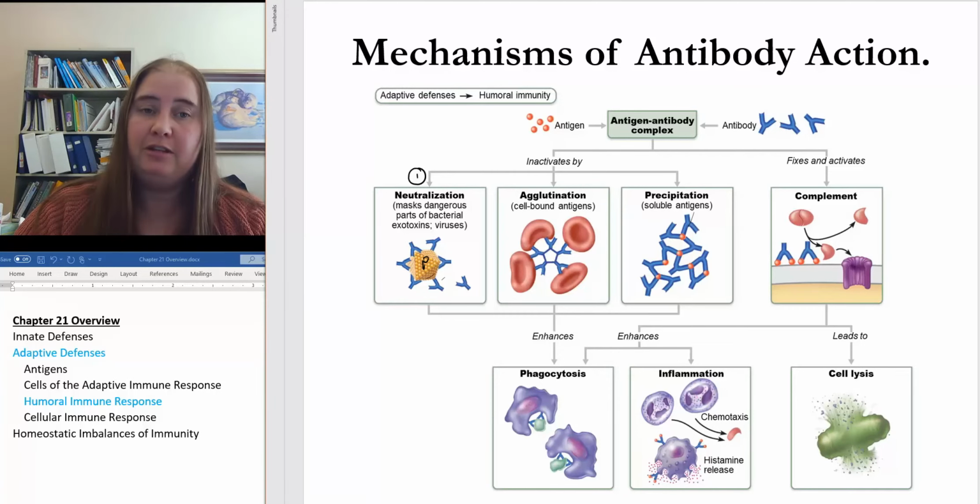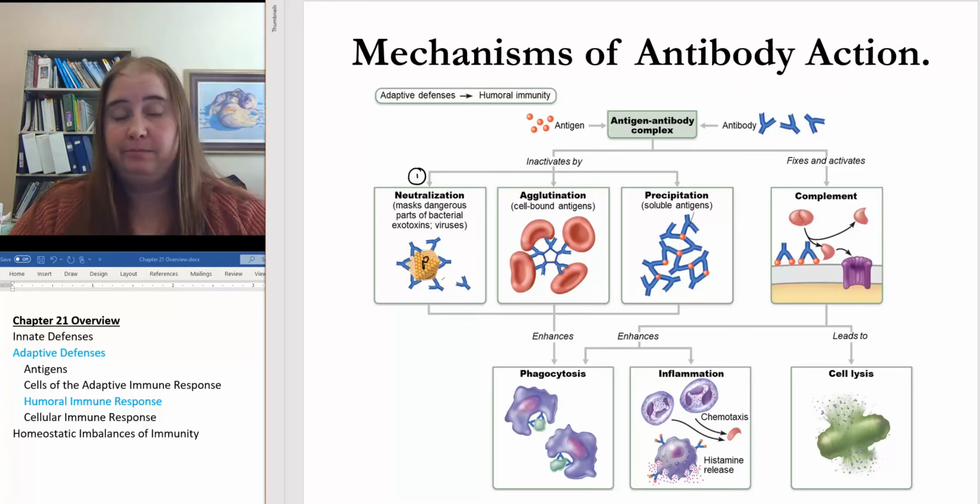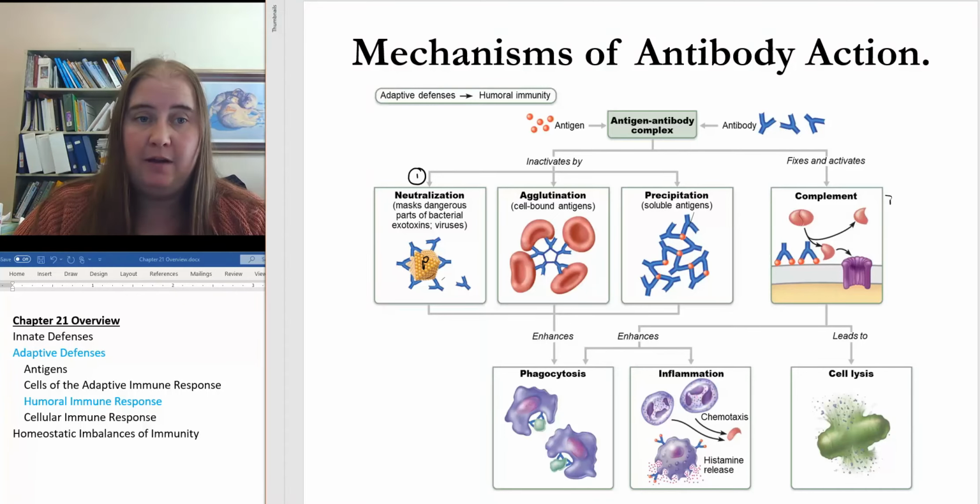The other thing that this antigen-antibody complex will do is activate complement. Remember that series of events. So we have opsonization, which was talked about in video 1.